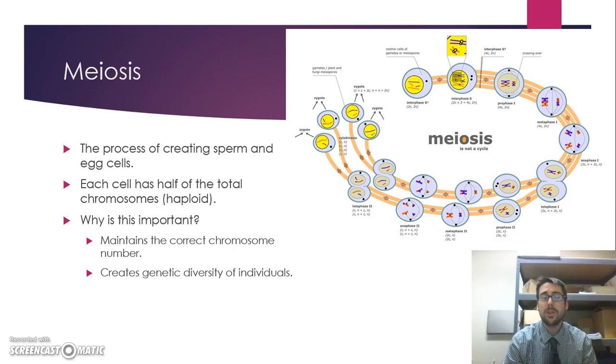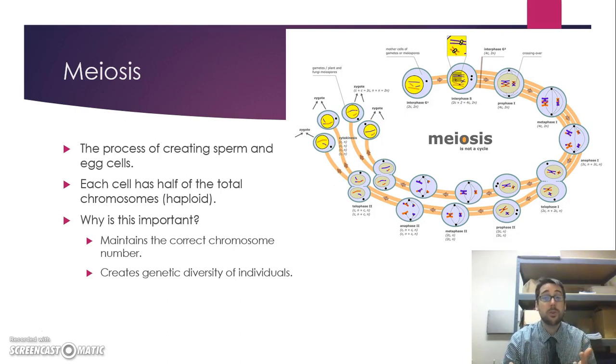Really think about why it would be important that you only give half of your DNA. When you need to fuse your DNA with someone else's, sperm and egg, they have to have the correct number of chromosomes, and if they don't, that's where we can start to see genetic disorders. Okay? So if they have too many chromosomes or too few, we're going to see problems.